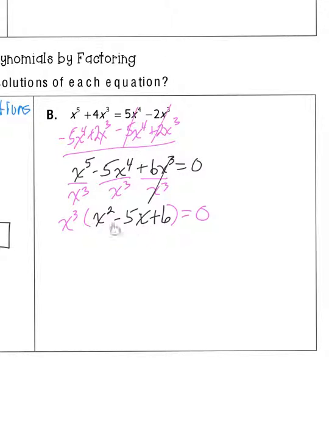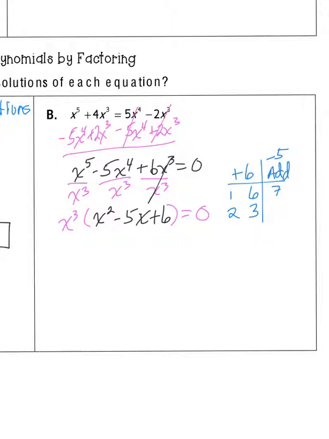So then look at this trinomial here. What factors of 6 add to give you 5? So in my chart, my 6 is positive, so that causes me to add the factors of 6, and I'm looking for a 5. The only factors of 6 that add, because 1 and 6 subtract to give you 5, but we want them to be added so that we get a positive 6. So we cannot choose 1 and 6.